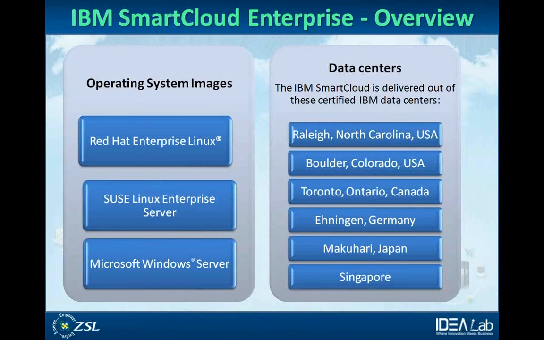As you can see, 2 of them are in the U.S., North Carolina and Colorado. 1 is in Canada in the Ontario area, in the Toronto area. The 4th one is in Europe, in Germany. And then there are 2 centers in Asia, one in Japan, one in Singapore.